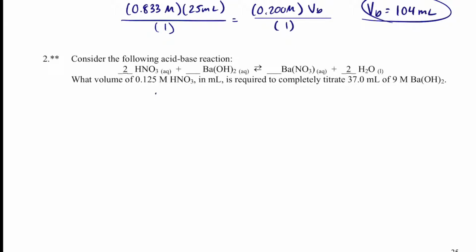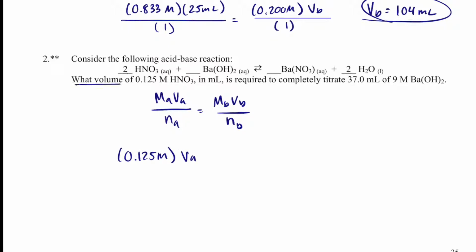Because we're doing a titration, I'm going to say MAVA over NA equals MBVB over NB. The molarity of my acid is 0.125 molar. The volume of my acid, that is what I'm solving for. I knew that this was my acid because it starts with an H, generally acids do. And the coefficient of my acid, NA, is just 2.